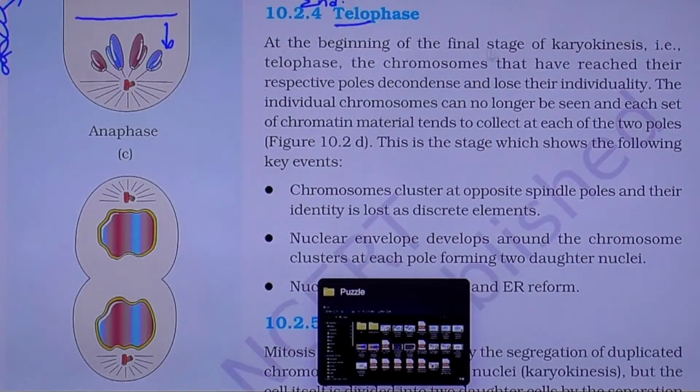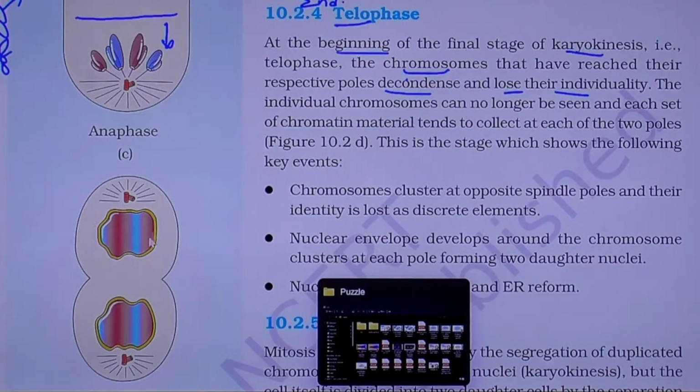At the beginning of the final stage of karyokinesis. In karyokinesis, the last stage is telophase. The chromosomes that have reached their respective poles decondense and lose their individuality. In prophase chromosomes will be condensed, but in telophase the chromosomes will be decondensed and lose their individuality.